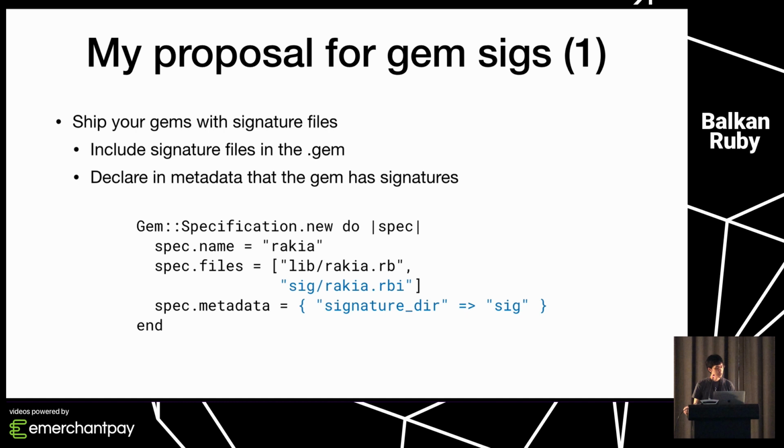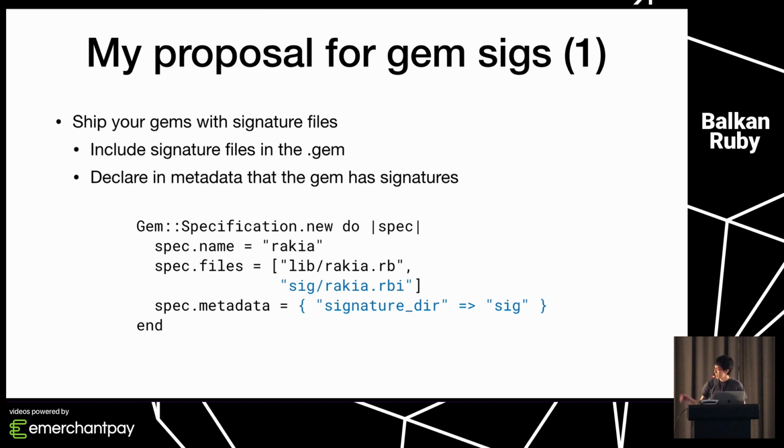The easiest one is when you ship your gems with signature files. It's easy to understand: you need to include signature files in your .gem files, and additionally you need to declare that the gem has signatures. This is an example. It defines a library called Rakia. I don't know what the library is for, but assume we have the library.